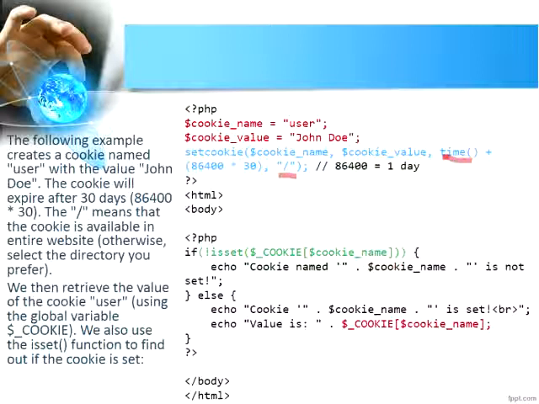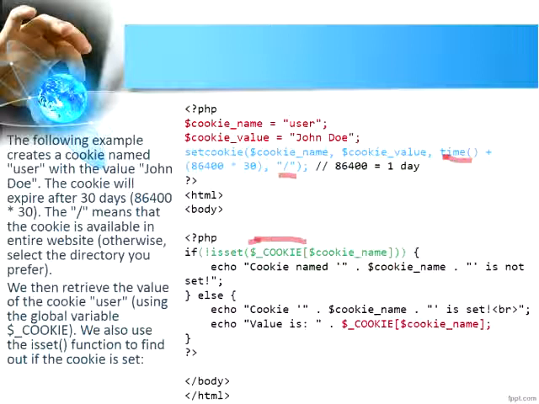After that, this cookie will be used. So to use this cookie, we just test if it's set, isset of cookie name. So we can write if not isset. So this is a global variable like $_GET, $_POST. So $_COOKIE to get a cookie.